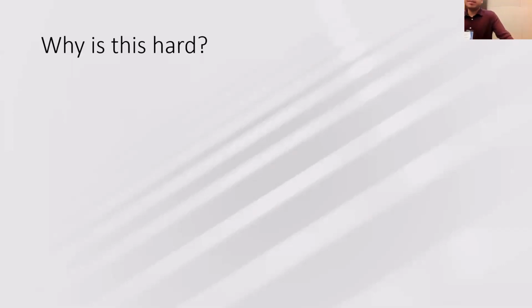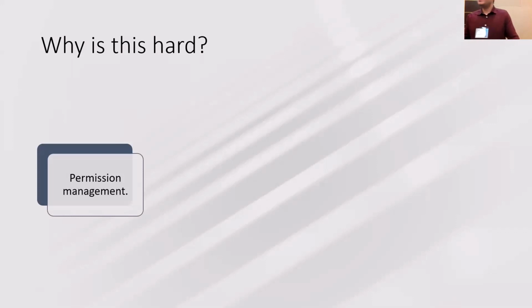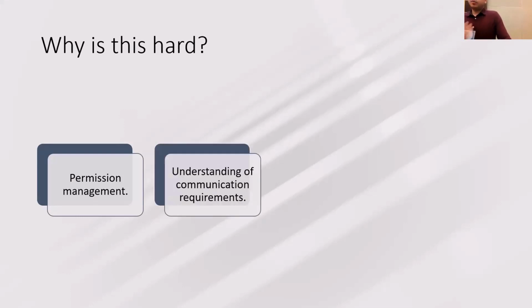The problem is that to achieve such access control, the network administrators need to define and manage detailed network permissions, which is a very error-prone, daunting, and time-consuming task. In addition, the communication requirements of assets that live in the network, like cloud components, servers, applications, and of course our users, need to be very well understood.